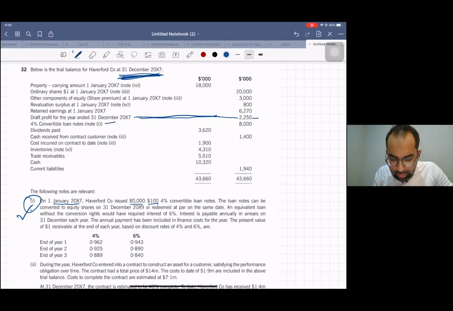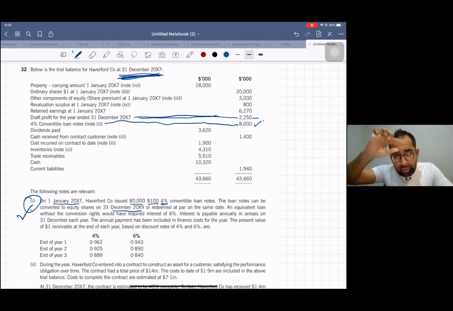See, in the trial balance, they have already recorded 8,000 as a loan. 4% is the coupon rate, the physical interest rate. The convertible loan notes can be converted to equity shares on 31st of December X9, so 3 years: January X7 to December X7 is 1 year, then December X8, and then December X9.